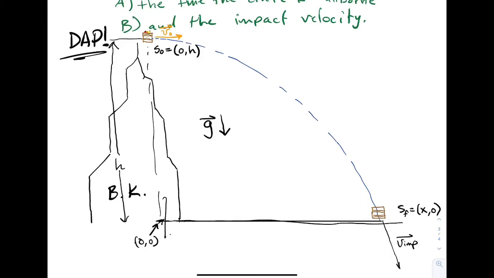And so we could show that this is x, our horizontal displacement. And h is, of course, our vertical displacement.